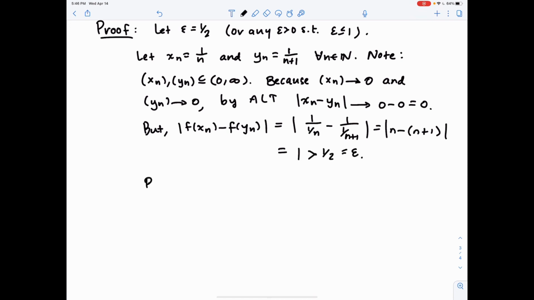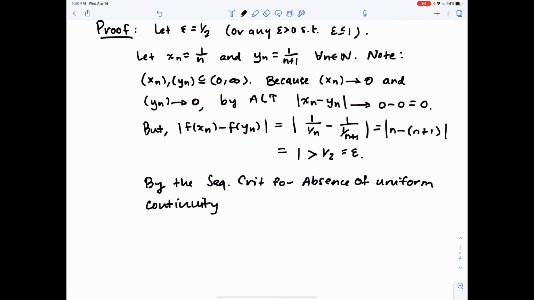So by the sequential criterion for absence of uniform continuity, man, that is a long theorem name, f is not uniformly continuous on the set 0 to infinity.